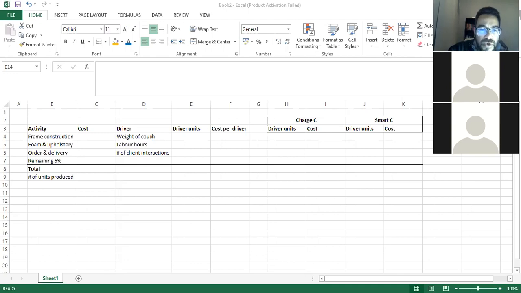Do any of you know how we would get our fixed manufacturing overheads given note number 4? I'll give you 2 minutes to think about it, and then I'm going to ask any one of you to tell me how you think we can get our fixed manufacturing overheads. I'm going to fetch some water.